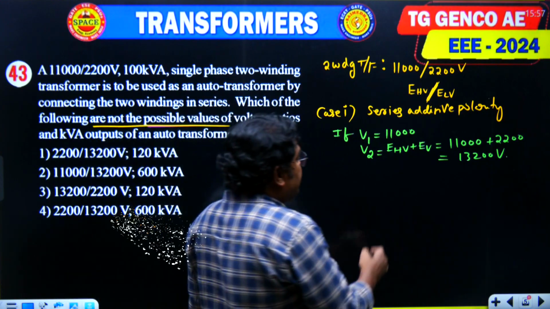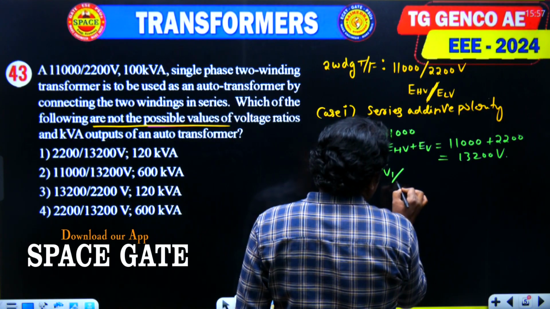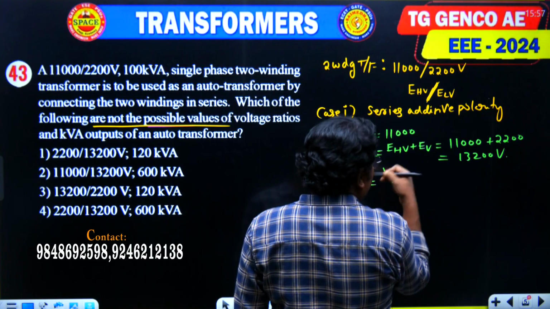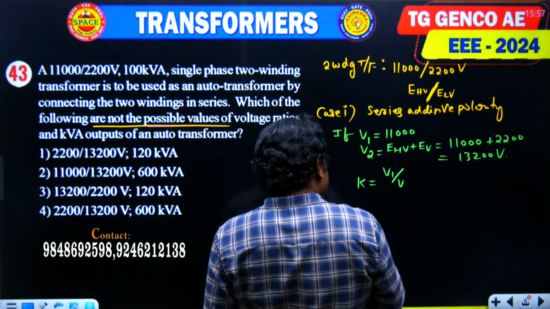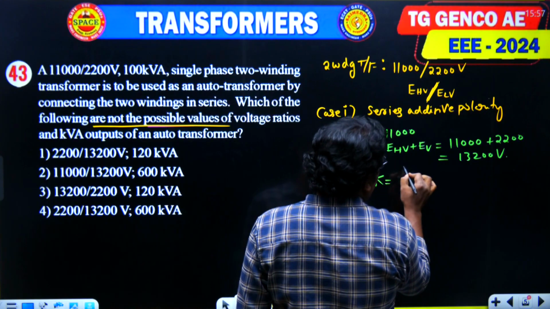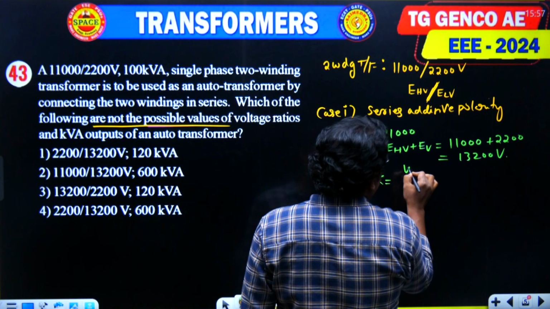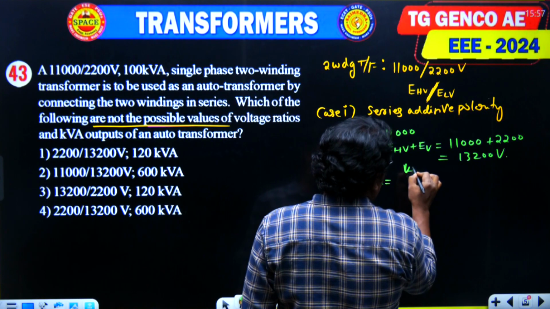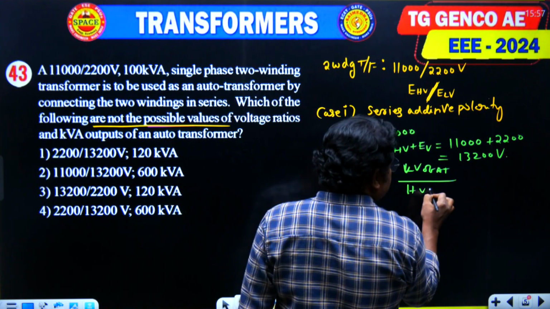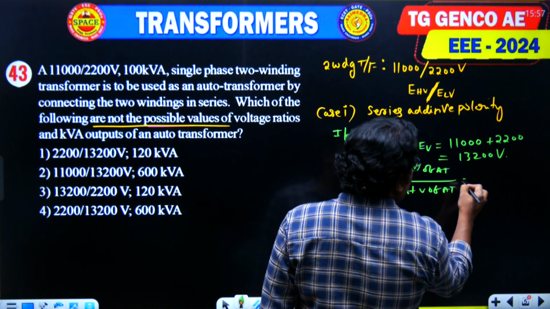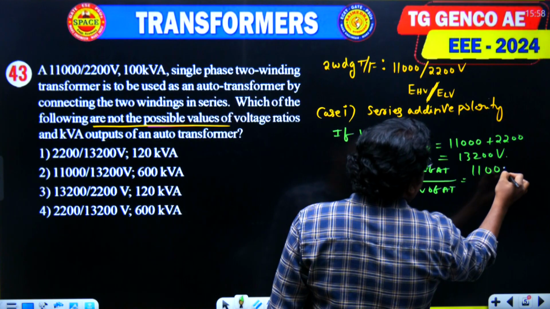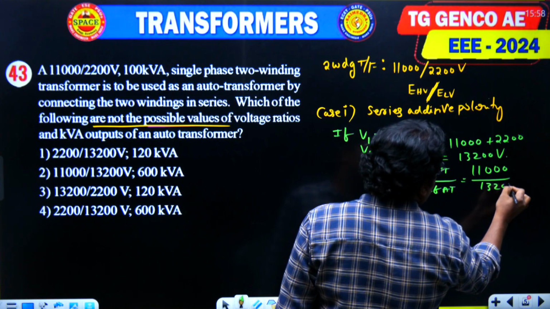And what is the voltage rating? V1 by V2 is the transformation ratio K, that is, the low voltage of the auto transformer divided by the high voltage of the auto transformer. What is the low voltage in this case? V1 is the low voltage, 11,000, divided by 13,200.